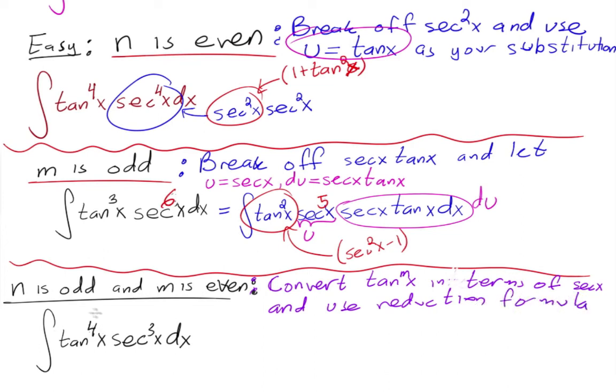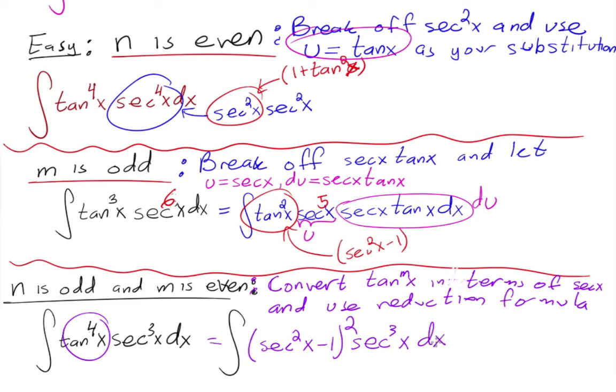So like right here, in this example, tangent to the 4th would equal to, what is tangent to the 4th equal to? Secant squared x minus 1 squared times secant cubed x dx.